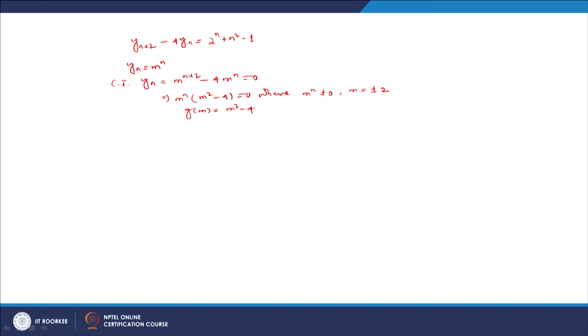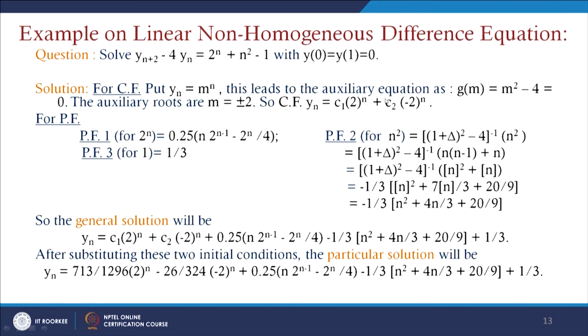Hence, the complementary function y n can be written as c1 m to the power n, so we write c1 2 to the power n plus c2 minus 2 to the power n. These are the auxiliary roots, m equals plus or minus 2, and the complementary function is c1 2 to the power n plus c2 into minus 2 to the power n.